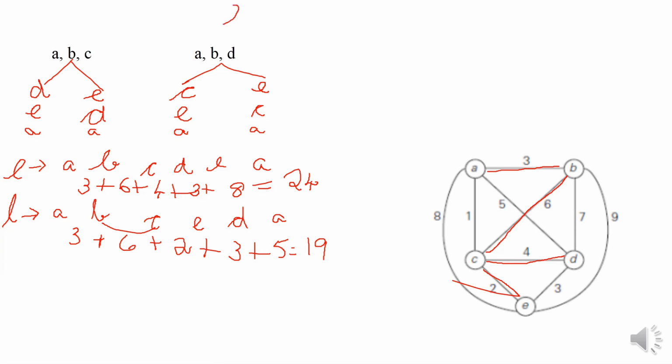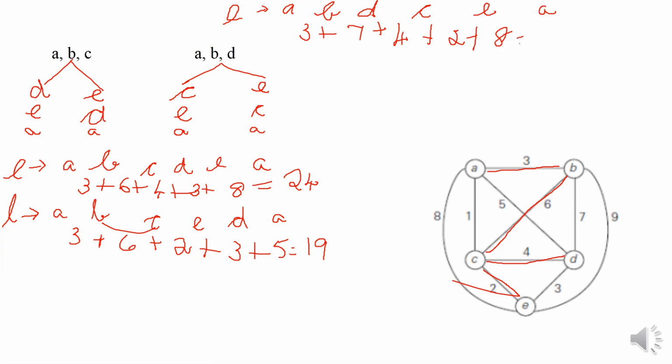So if we go from A, B, D followed by C and E and ends at A, then cost of the edge AB, that is 3, plus cost of the edge BD, that is 7, plus cost of the edge DC, that is 4, plus cost of the edge CE is 2, plus cost of the edge EA is 8.